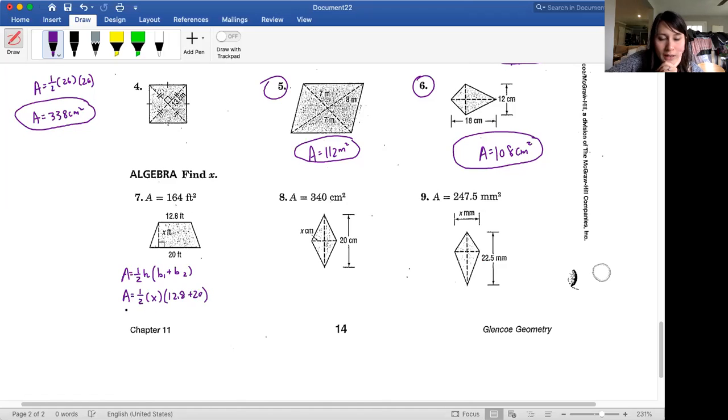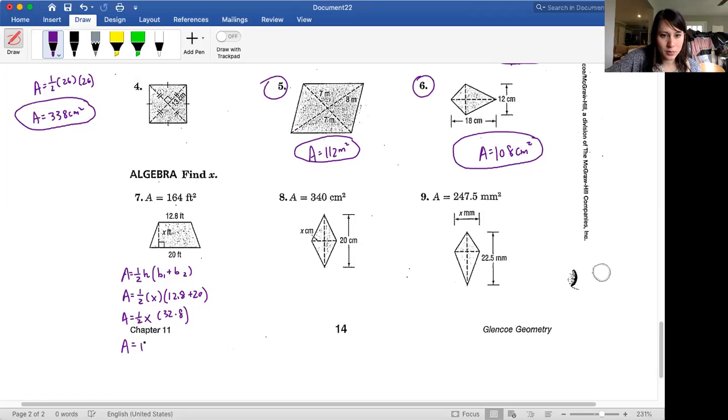Now I can work this out by working backwards. Adding these together gives 32.8. Order of operations says I can multiply first in whatever order I want, so I'm going to do 1/2 times 32.8.